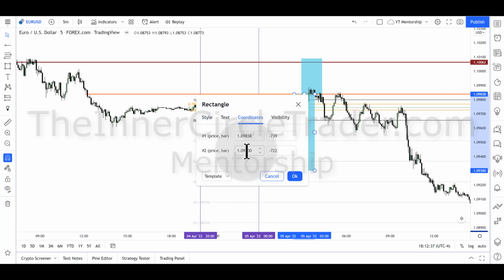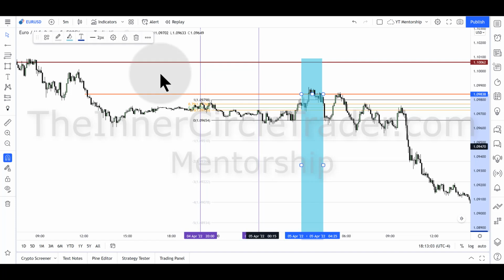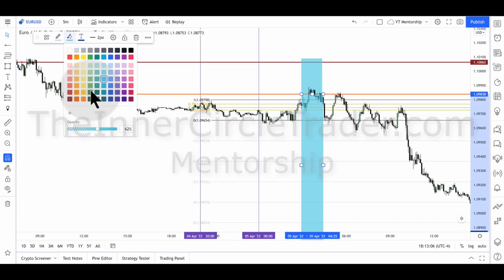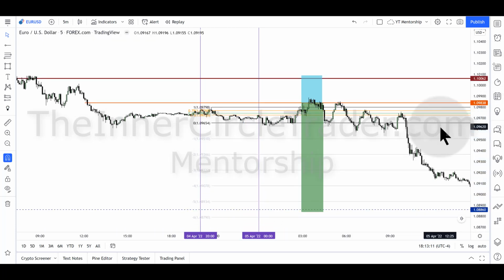And that should be 100 pips. Okay, and that's the range that we're looking for, best case scenario on this model. Okay, so 100 pips from entry.